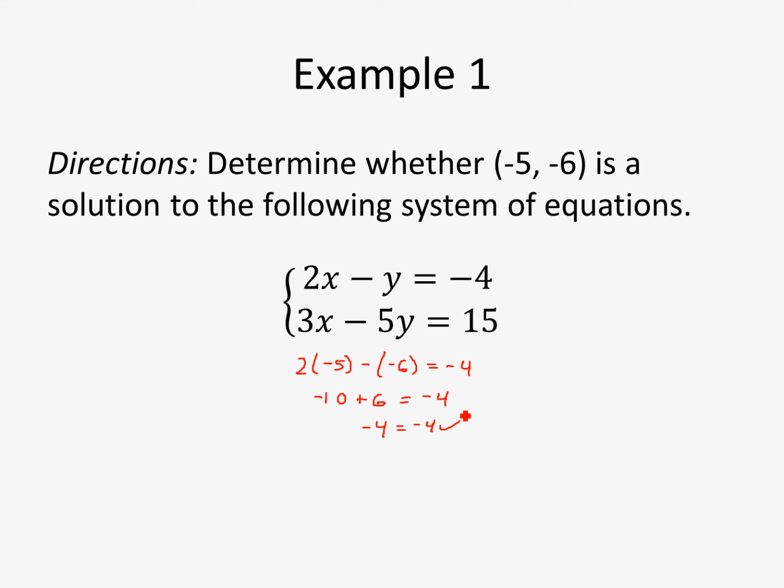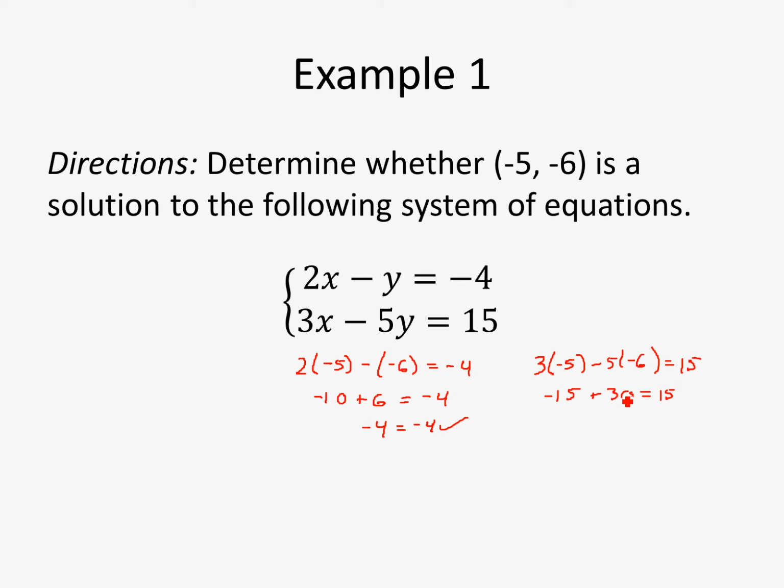Okay, but we're not done. We have to check it in the second equation also, because all we've found so far is that this ordered pair, -5, -6, will work in the first equation. But it has to work in both equations to be a solution to the system. So if we plug it in here, then this is going to be negative 15 plus 30 is 15.